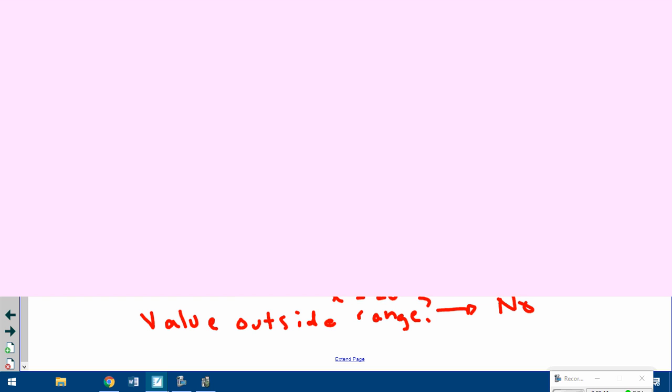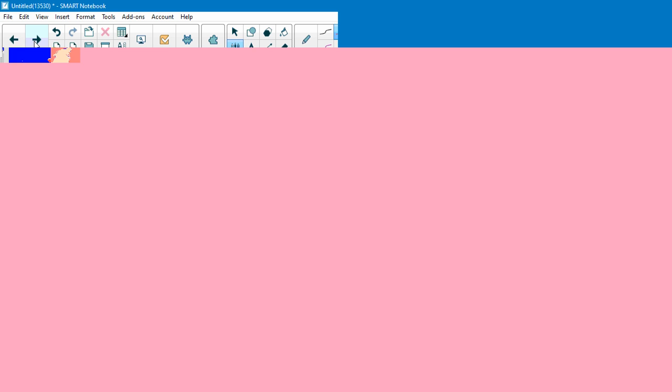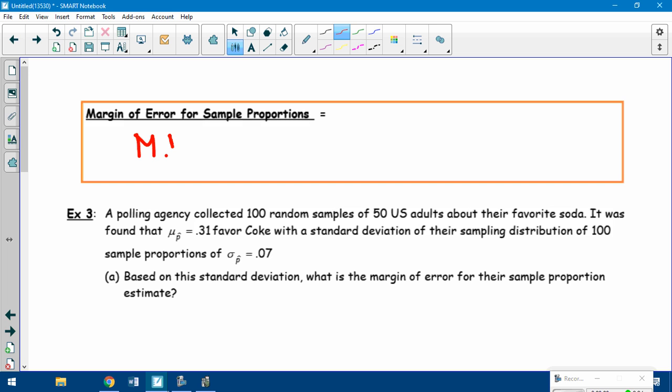All right, so we've been talking about sample means. Let's do a couple examples with sample proportions, and then we'll be done. So margin of error for sample proportions, same idea. The margin of error is going to equal plus or minus 2 standard deviations. But when I say 2 standard deviations, I mean plus or minus 2 standard deviations of all the p-hats.